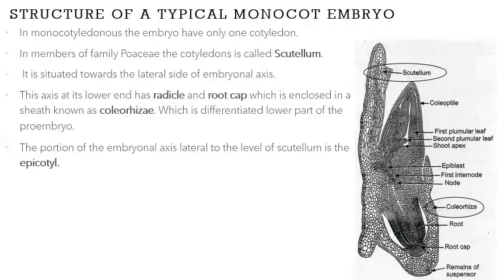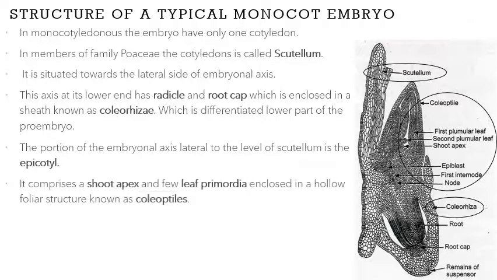The portion of the embryonal axis lateral to the level of the scutellum is the epicotyl. This is the epicotyl region, shown in the circle, which is above the coleorhiza. It comprises a shoot apex and a few leaf primordia enclosed in a hollow foliar structure known as the coleoptile.